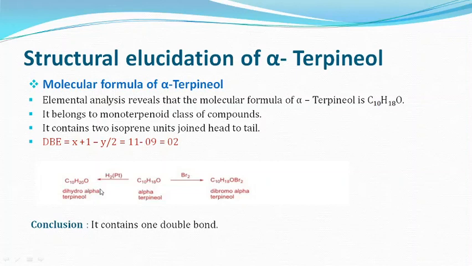So this means that there is only 1 double bond present in alpha terpineol. Similarly, with bromine, only 1 molecule of bromine has been added here. These 2 reactions reveal that it contains 1 double bond, and 1 double bond equivalent is still left. This also gives an indication that a ring may be present here.